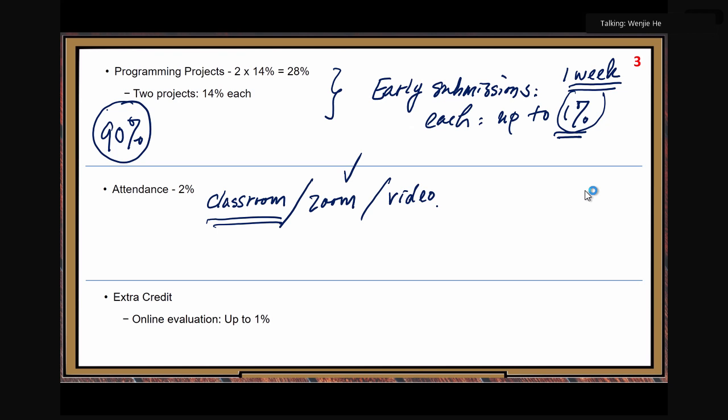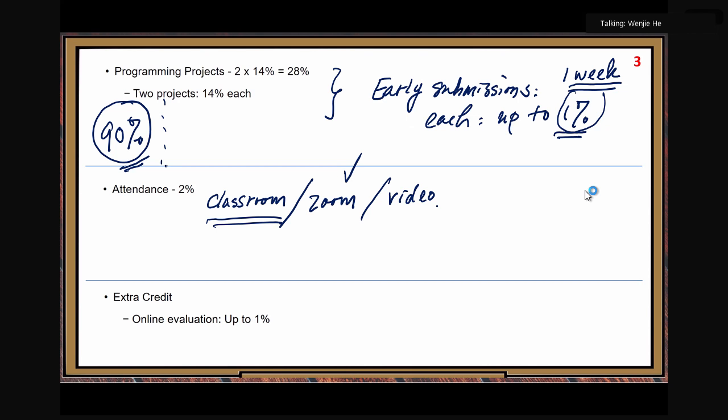But for early submission, I want to draw this line. Only if you pass this 90% line are you qualified for extra credit, because I want to make sure the quality of your project is more important than the early submission. If you have a relatively big problem, then you should spend more time to fix it before your submission.